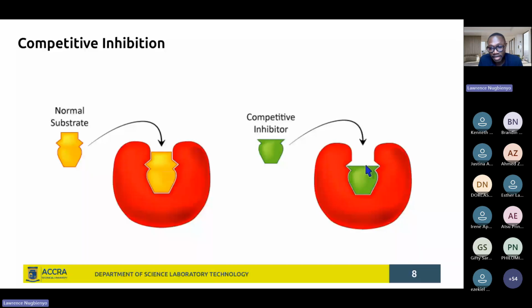The reaction is either terminated or it is slowed down because it will take more time for that inhibitor to be displaced, that is, if substrate concentration is increased, for the inhibitor to be displaced from the active center. So that is competitive inhibition.